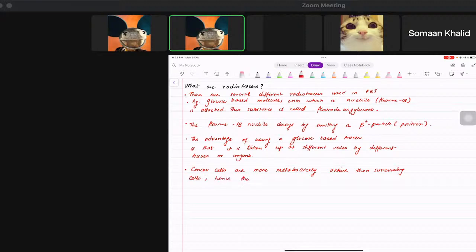Hence, they absorb glucose at a higher rate and thus emit radiations at greater rate too.